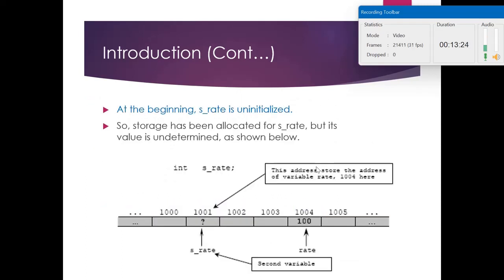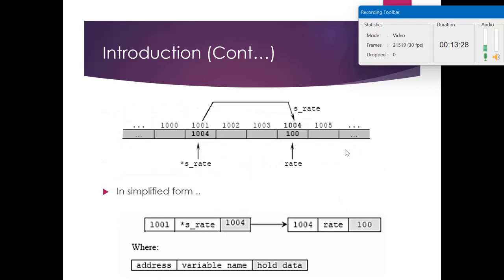When you look here, this is the rate variable. It is an integer type variable. It keeps an integer type value. I have defined this s_rate variable. Look here very carefully.